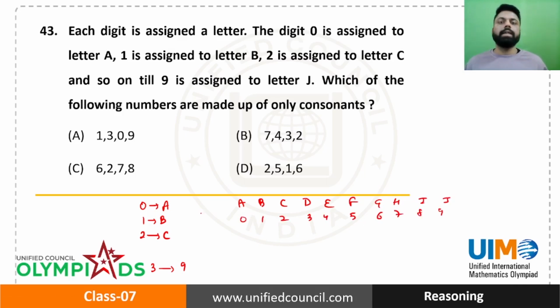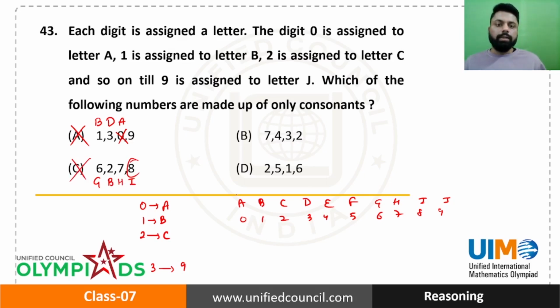These are the digits which are aligned. 1309. One is B, then D, then A. A is the vowel, not the correct answer. 6 is G, then B, then H, and then I. I is the vowel.